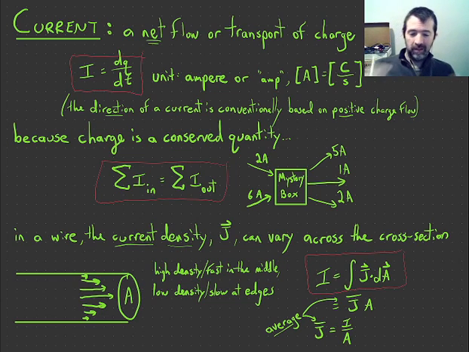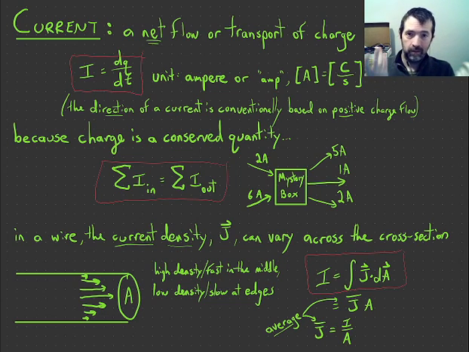Like if I have 1 amp coming from the left and 1 amp coming from the right, and then they meet, and there's an output channel going up, so there's 2 amps going up. 2 amps come in, 1 from each side, 2 amps go out. I would not be able to write that with a vector equation because the components of those vectors don't work out, right? I can get that result, 1 amp plus 1 amp equals 2 amps, regardless of the angles that I bend the wires at.